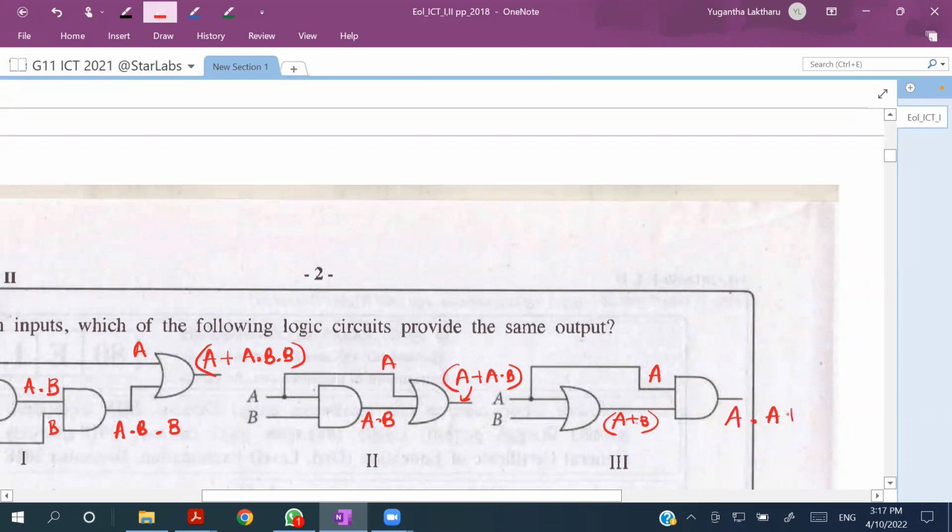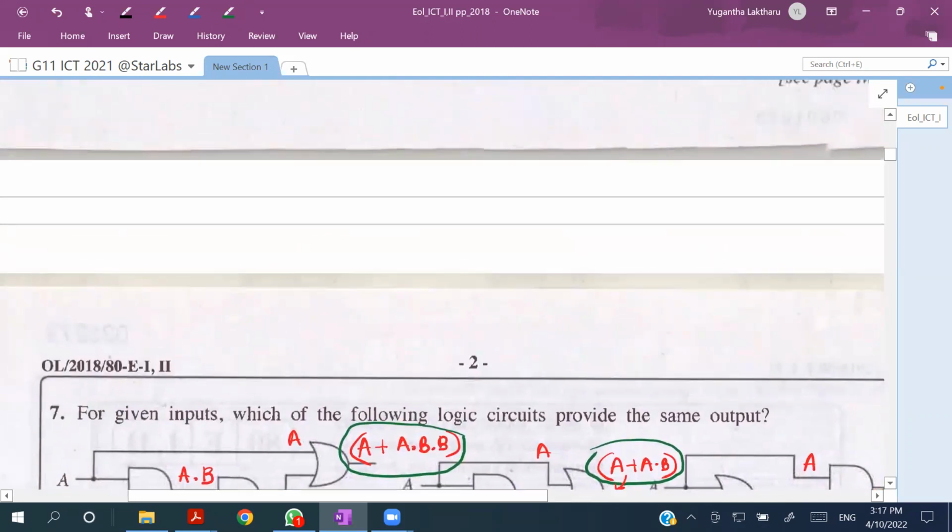All right, so now we know what the three outputs are. This is one, this is another, and this is the other. So we draw the truth table.